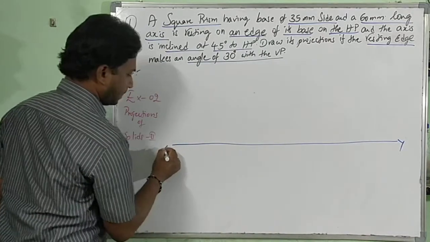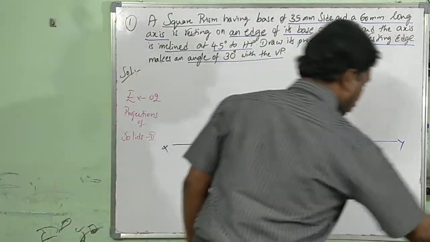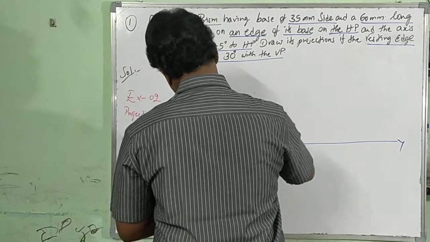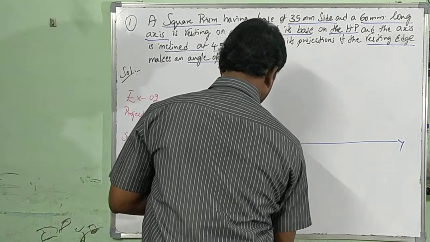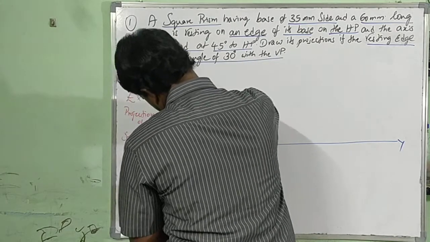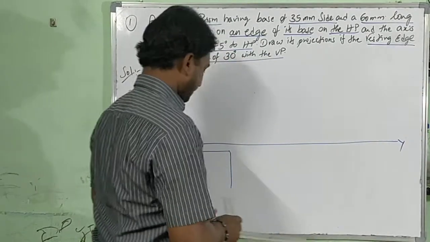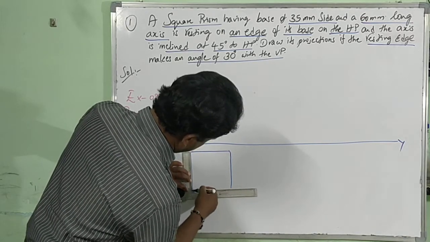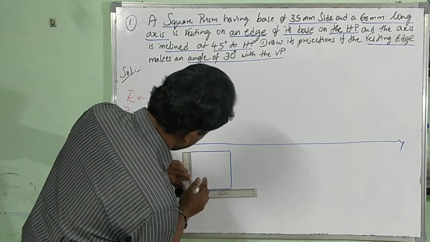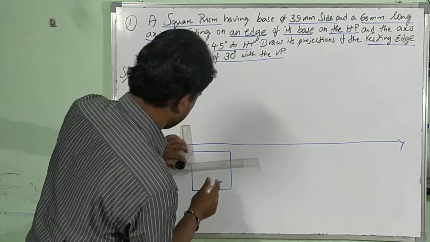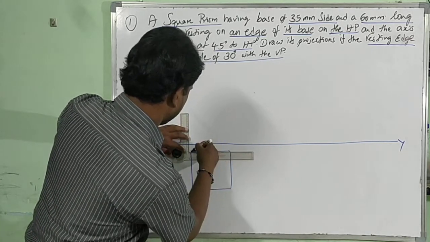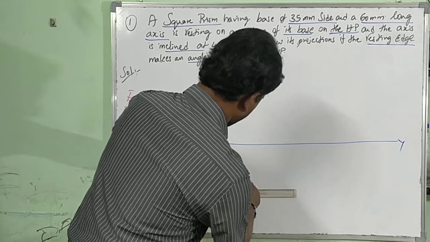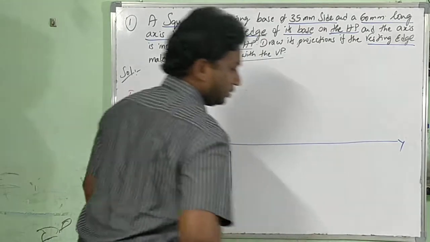Drawing a long XY line. Initial top view: square prism.